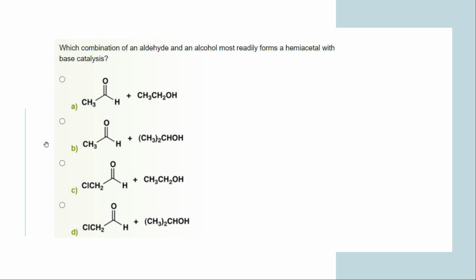So when you compare A versus C, option C is more electron poor because it contains chlorine at this carbon center. When it comes to methyl versus chloromethyl, the chloromethyl makes this carbonyl carbon more electron deficient because of its electronegativity.